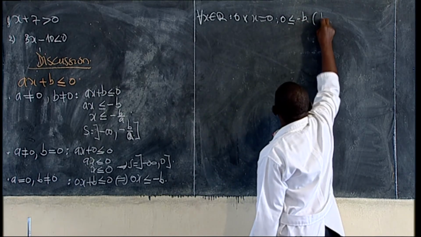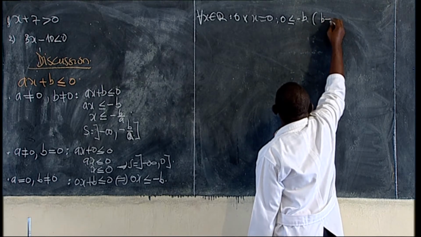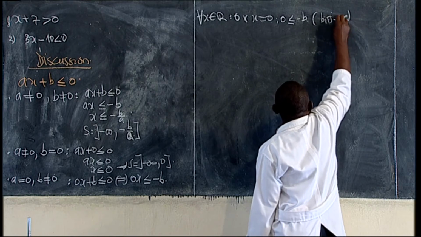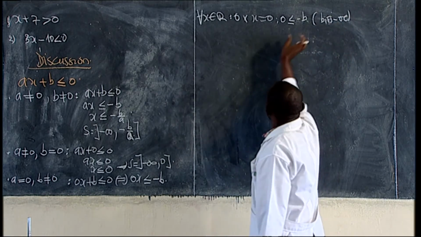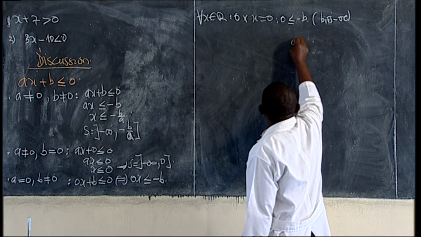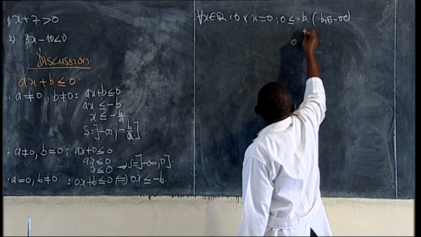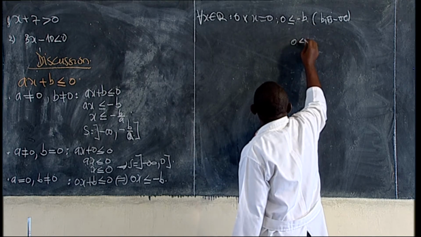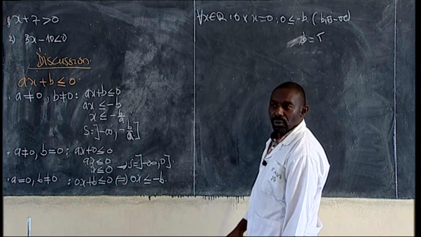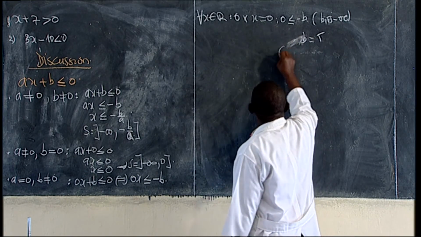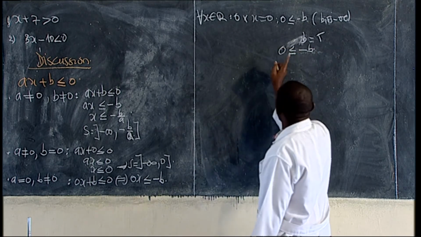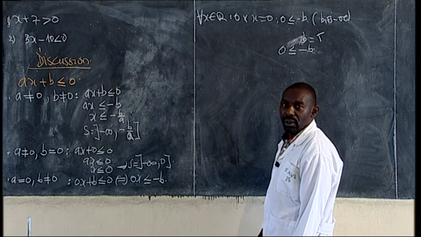If b is negative, this will be positive. For instance, suppose b is equal to 5. Then from here, 0 will be less than or equal to minus 5. Is 0 less than minus 5?